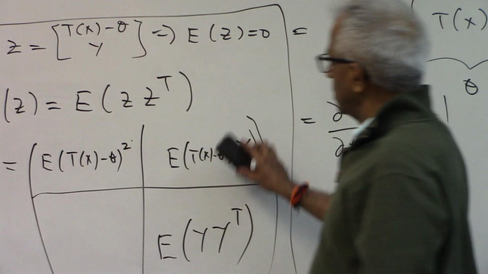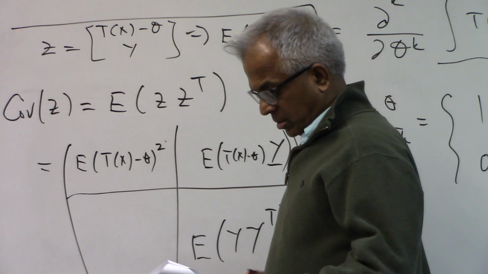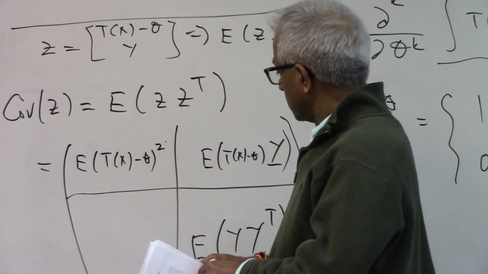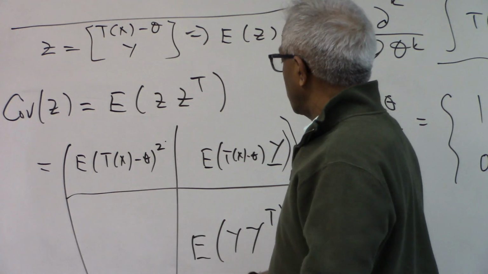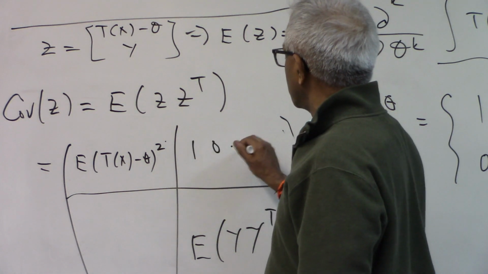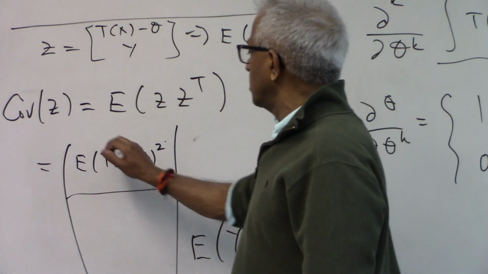So this will be a row vector. This will be 1 and 0, 0, 0, because look at here.